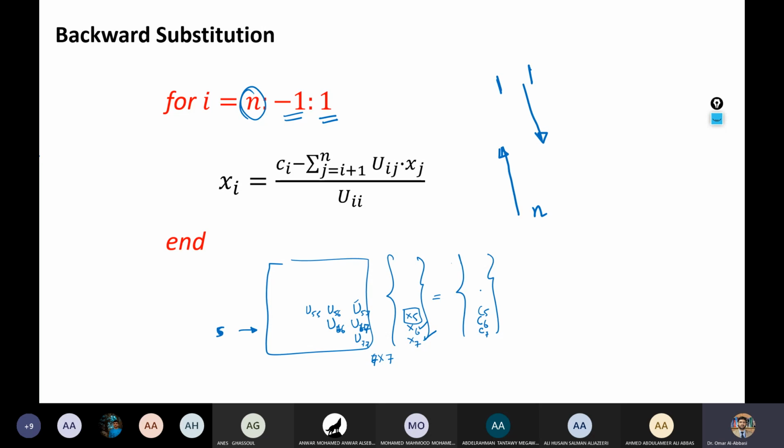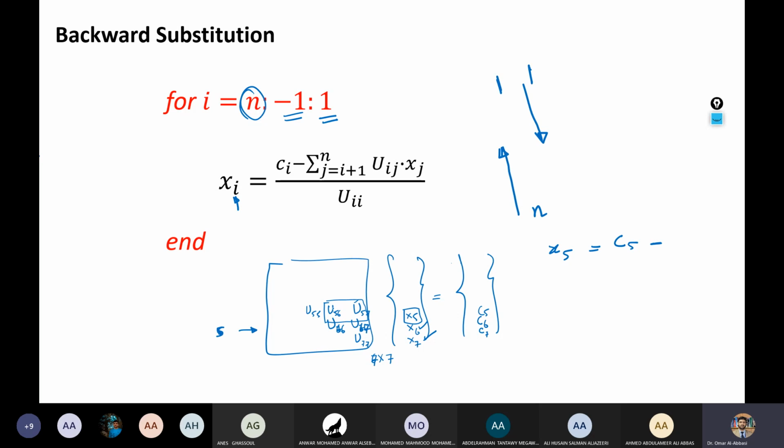Okay, so now in order to find x5, based on this approach, if you want to find this quantity x5, it is C5 minus what? Minus all the values after the pivot. These two quantities.